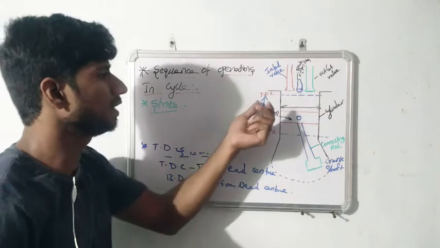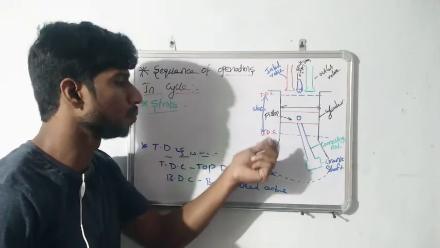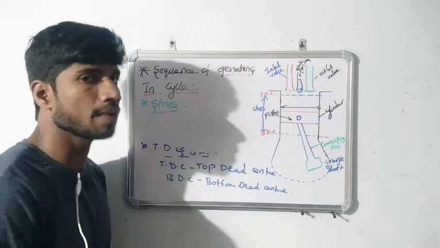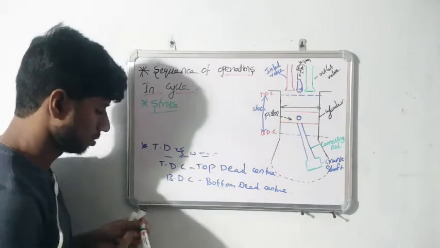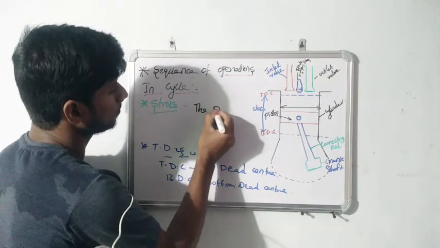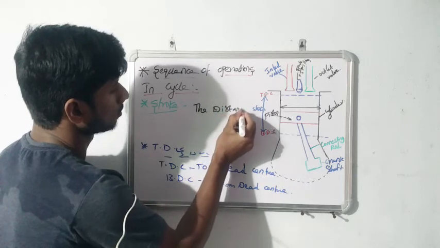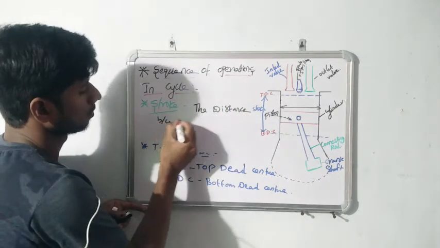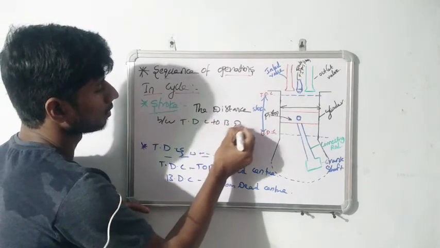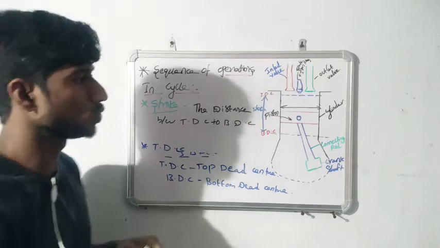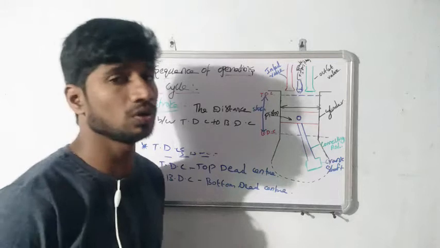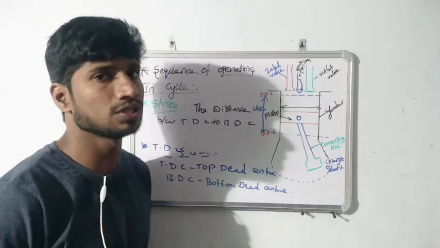The distance between top dead center and bottom dead center is defined as the stroke of the piston, or simply stroke. The distance between TDC and BDC is simply defined as the stroke of the piston. So these definitions are helpful to learn the working of the IC engine.